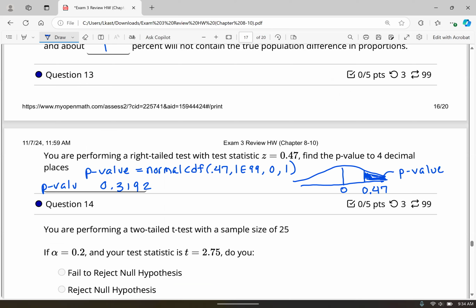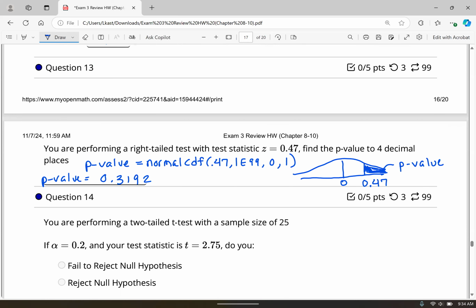All right, next problem. And I didn't say what would happen if this were a two-tailed test because my next problem is a two-tailed test. But if that were a two-tailed test in the previous problem, the easiest way to find the p-value in a two-tailed test is to take 1 minus the area in between.